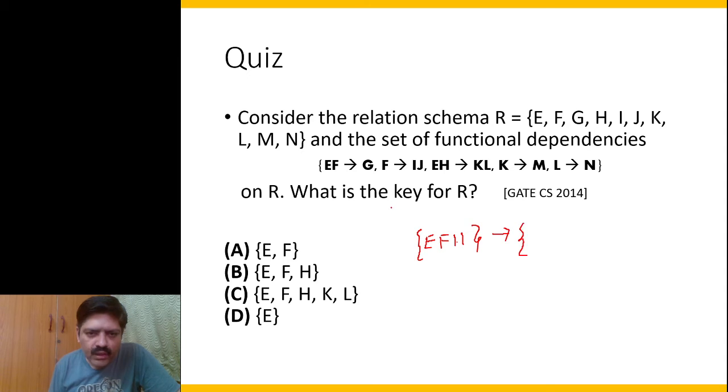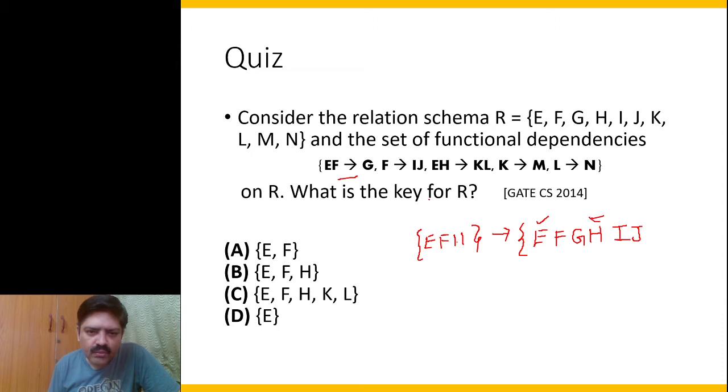EFH would determine trivially EF and H, and from the first dependency here, we identify that EF determines G. So I know this can determine G as well, and F determines IJ. So let's write down IJ, and E and H. Do I know E and H? Yes, I already have determined E and H.